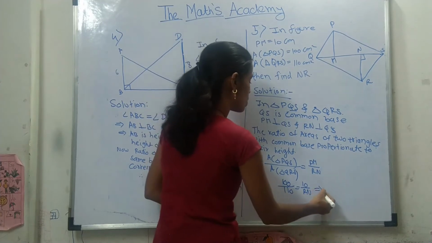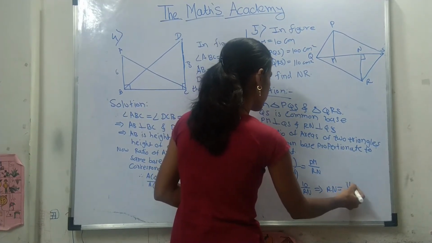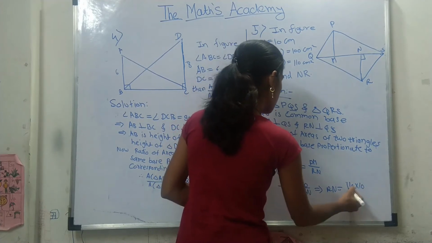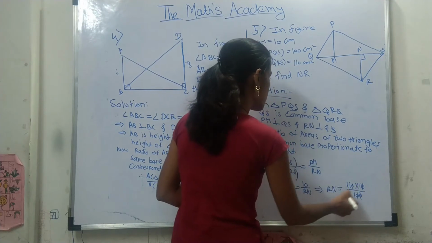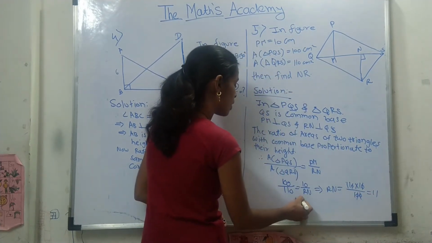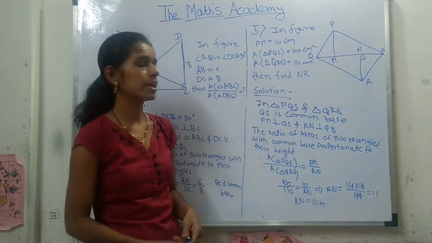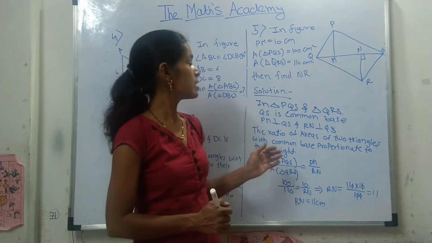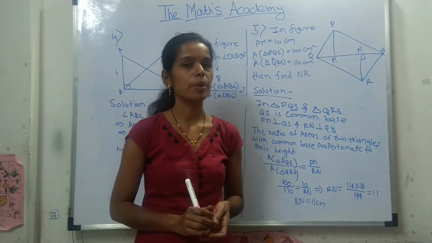So by the cross multiplication we will find RN is equal to 110 multiplied by 10 upon 100, this 0 gets cancelled with these zeros, and we will get it is equal to 11. So the length of RN is 11 centimeter, which is the height of the triangle QRS. This is our question number 5. Now let's go towards the next examples of practice set 1.